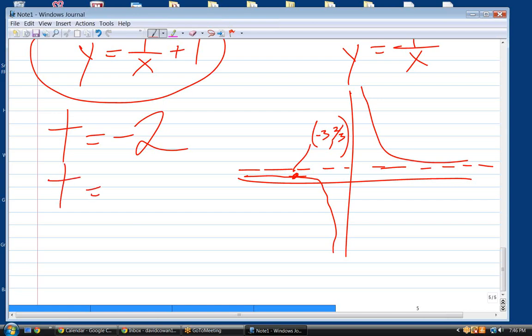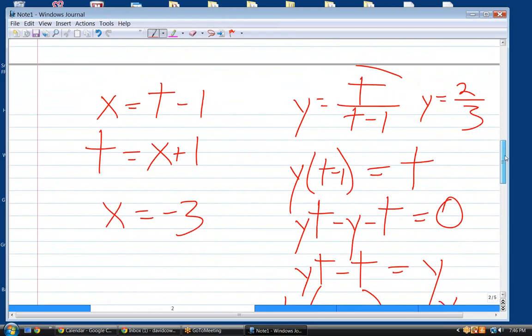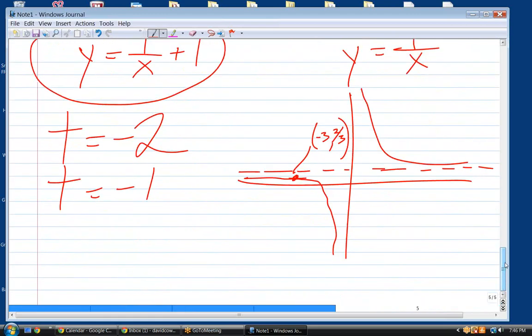Now, when we let t equal -1, x becomes -2, and y becomes 1/2. So x becomes -2, y becomes 1/2, and the arrow goes this way.